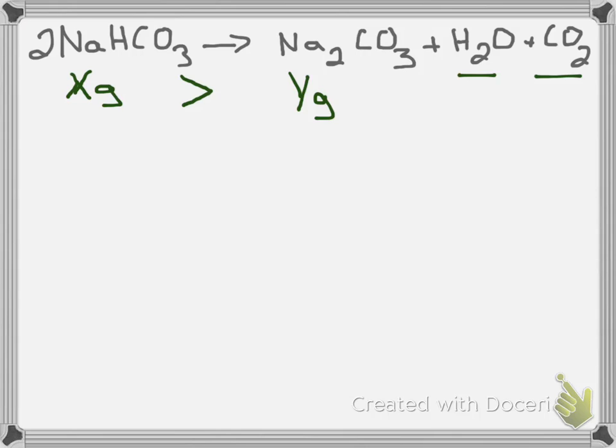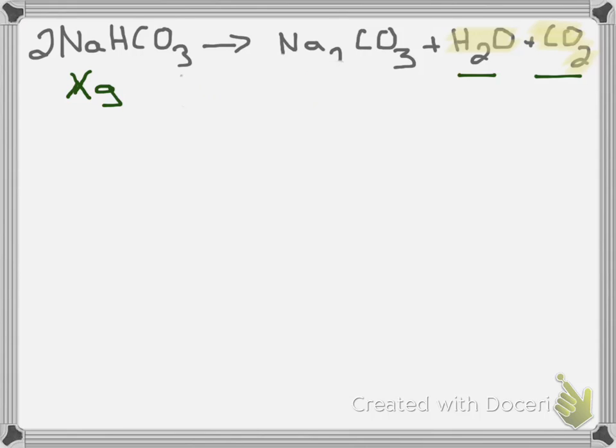So if we went ahead and asked the question as question number 2 in the discussion does, where is the mass loss? We would say that the lost mass from this reaction is due to the water and due to the carbon dioxide.